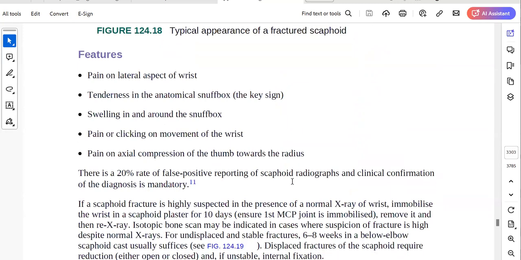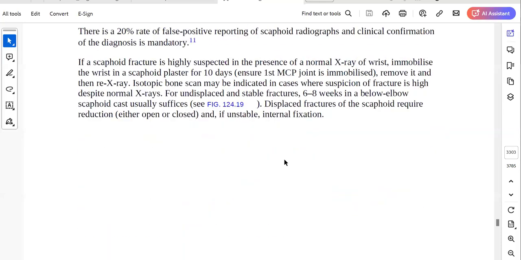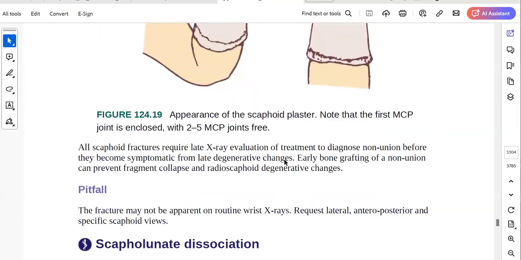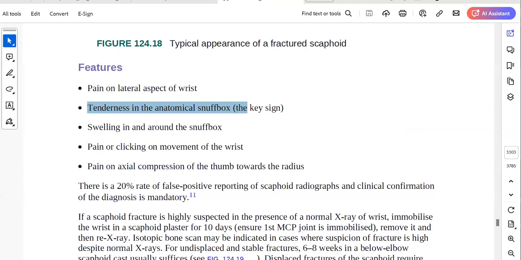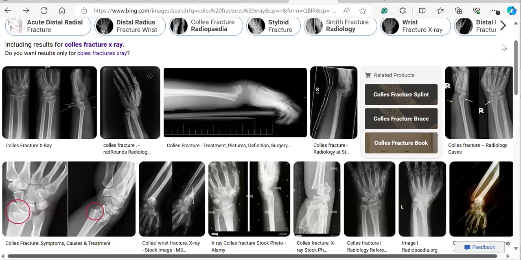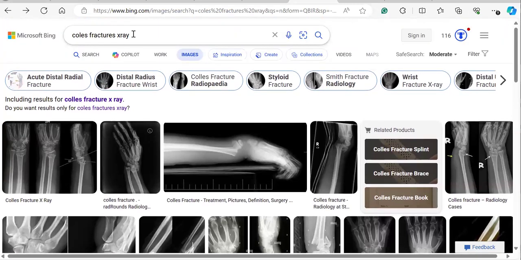So how will a scaphoid fracture patient present to you? Think about a fracture at the base of the thumb. The patient will have wrist pain, on the lateral side of the wrist. They will have pain at the anatomical snuffbox. That's the most important feature of a scaphoid fracture. Let me show you.